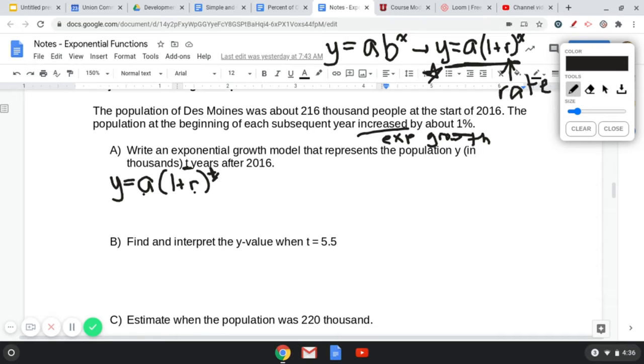If we're writing an equation to model the population y, that means y is the population in thousands. t represents years after 2016. So let's actually talk about that. t equals 0 is 2016.